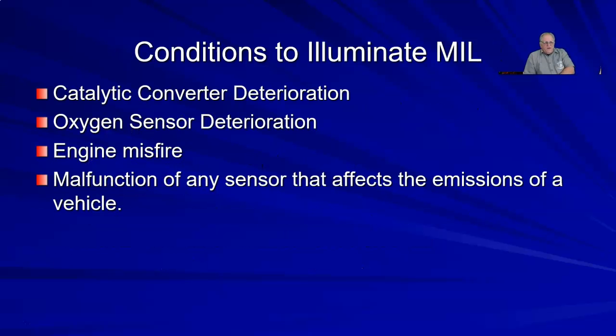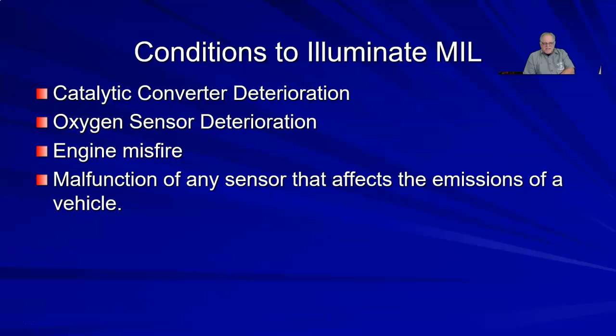To illuminate the MIL, because we're monitoring the catalytic converter, they're not going to wait until the catalytic converter completely fails. As its performance degrades, when it reaches 1.5 times the federal standard, they have to set the DTC.